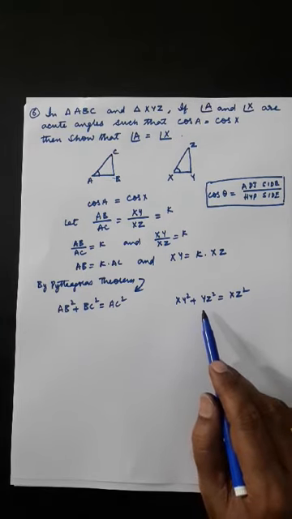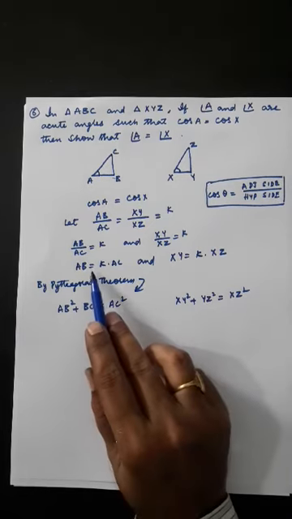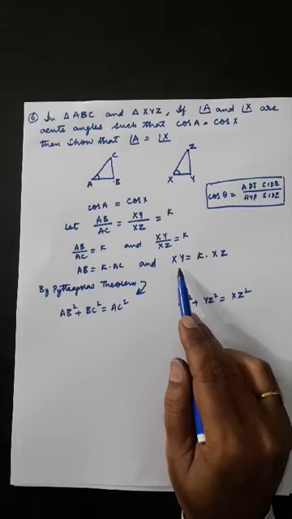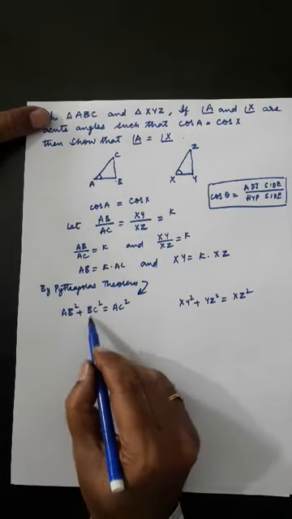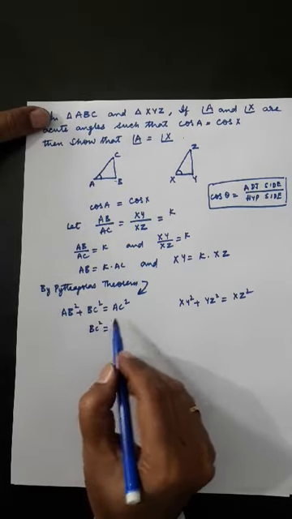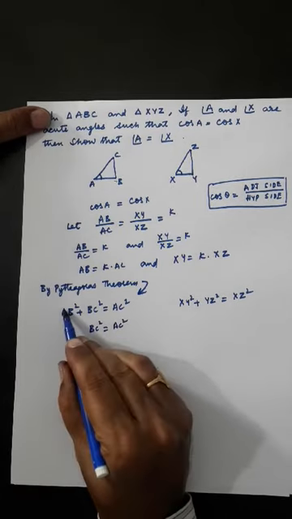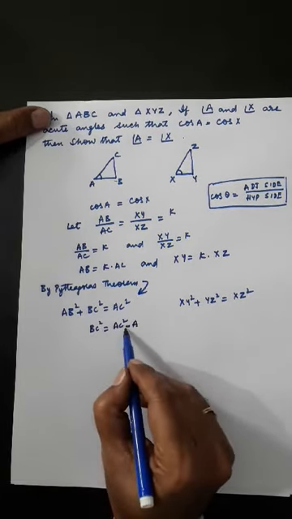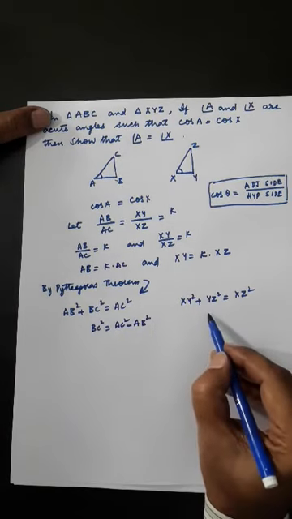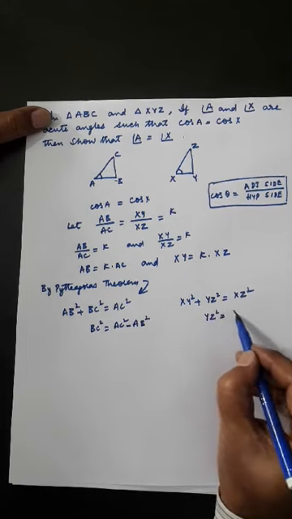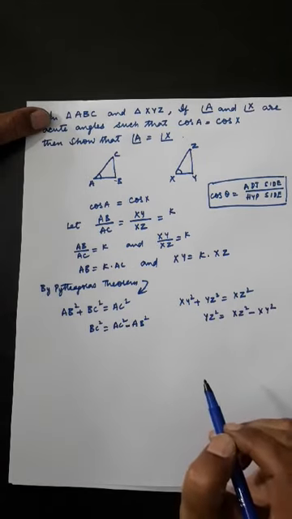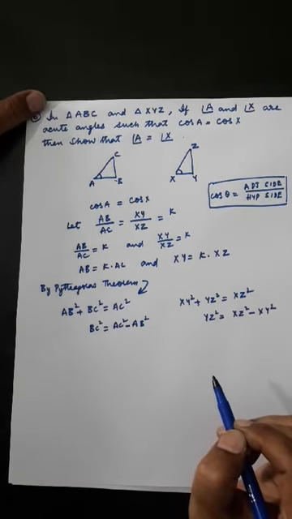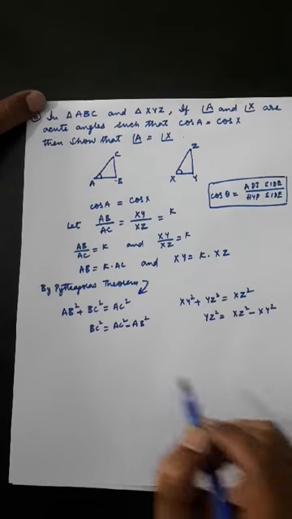Now we have AB and XY here. So we'll take BC square equal to AC square minus AB square, keeping AC square on this side and bringing this to the right side, it becomes minus. Similarly here, YZ square equal to XZ square minus XY square. I'll tell you why we are doing this.